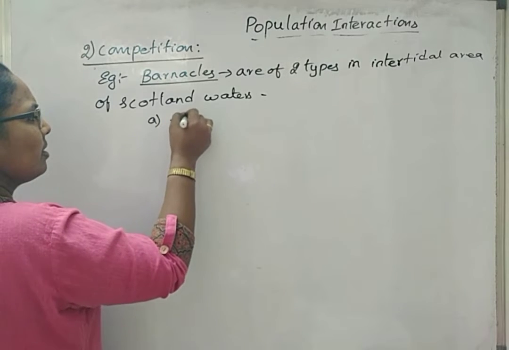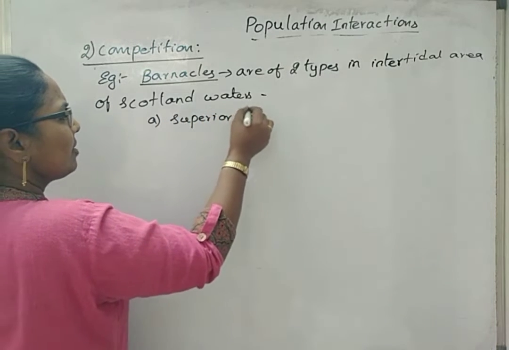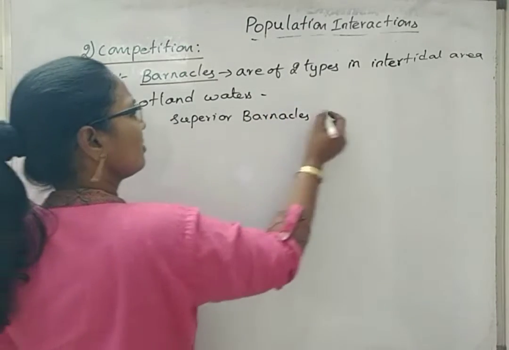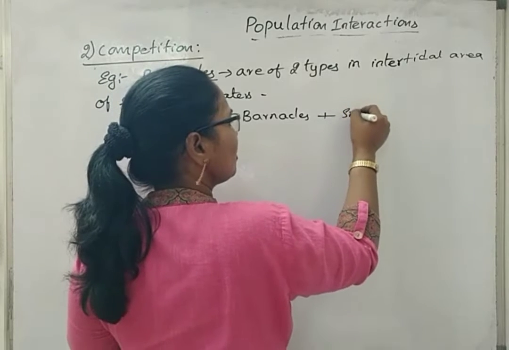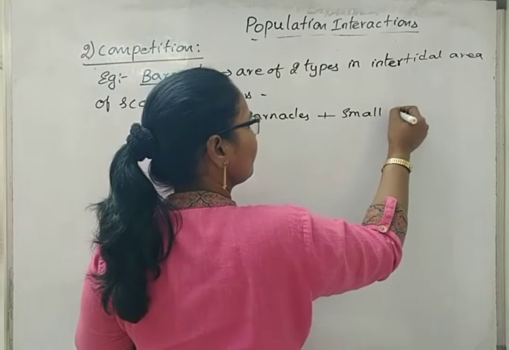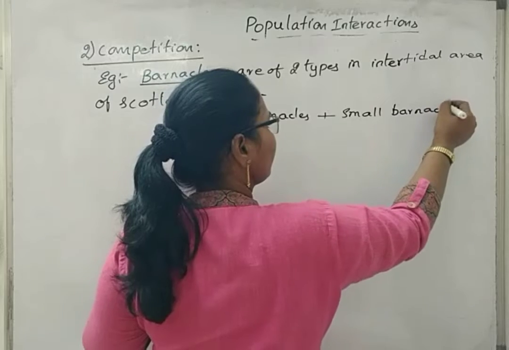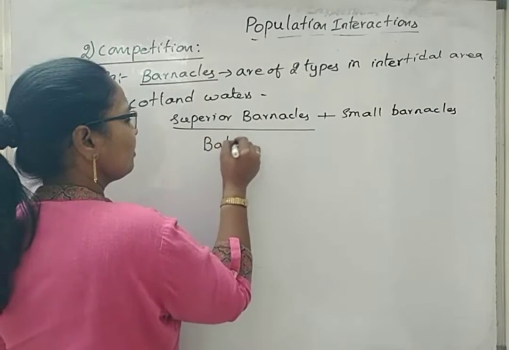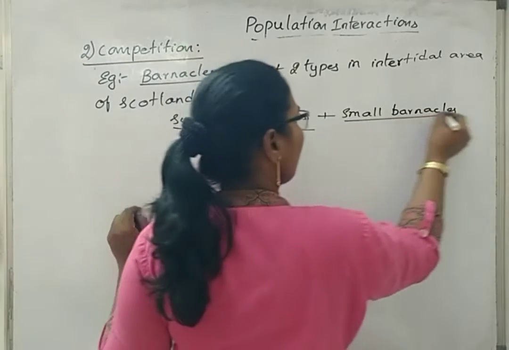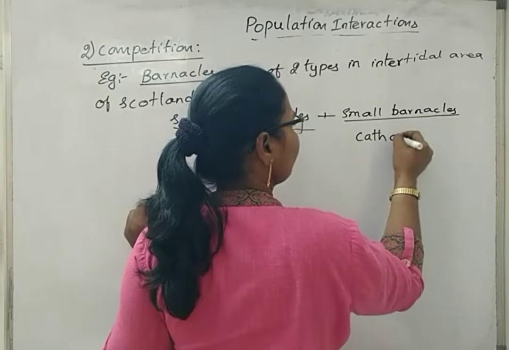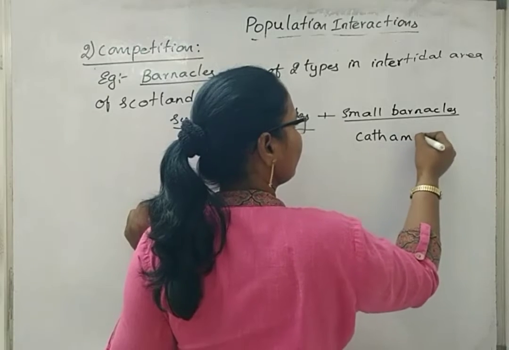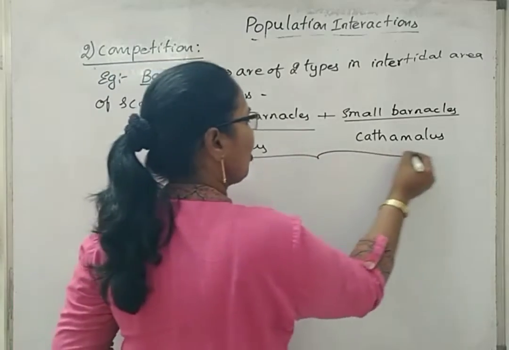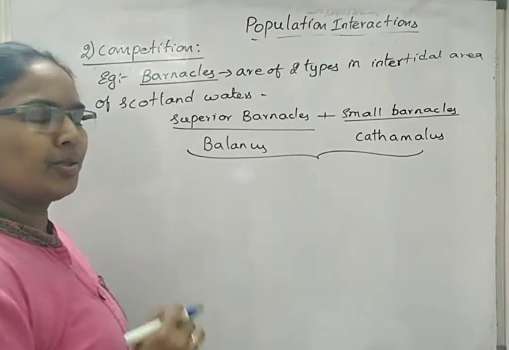One is superior barnacles having competition with small barnacles. These are also called Balanus and Chthamalus. So these have competition for the same type of resource.